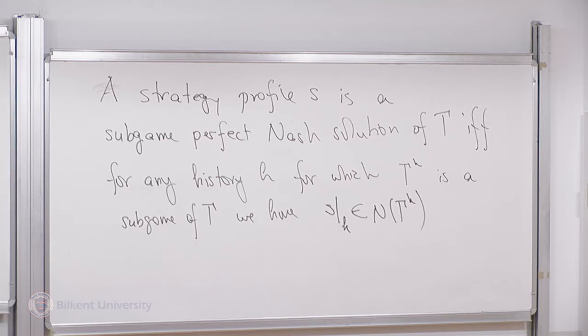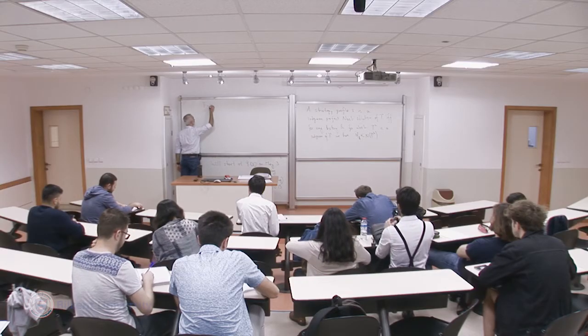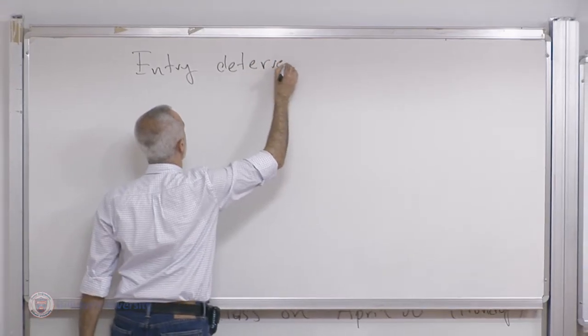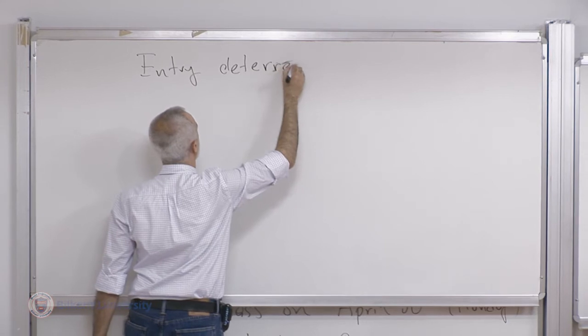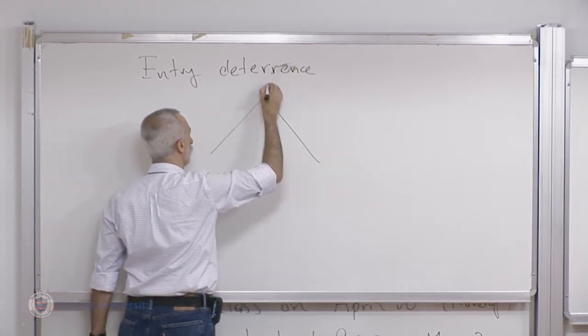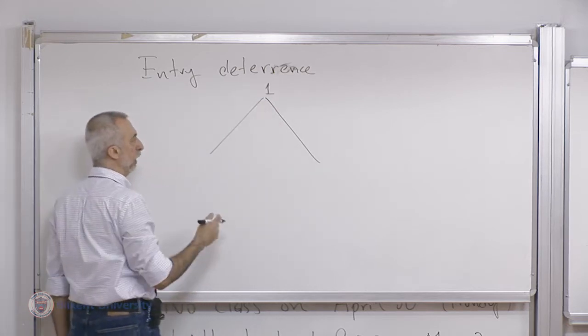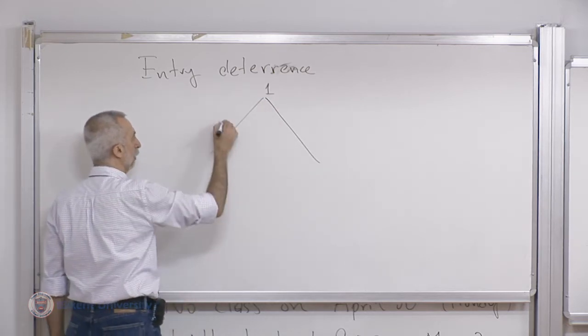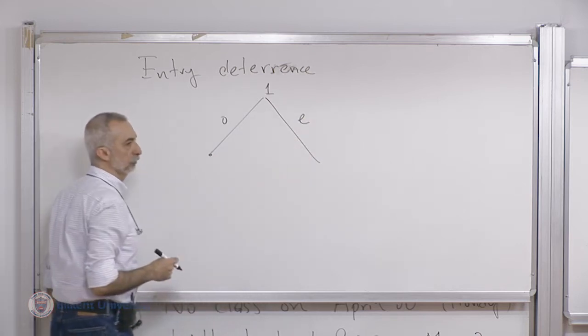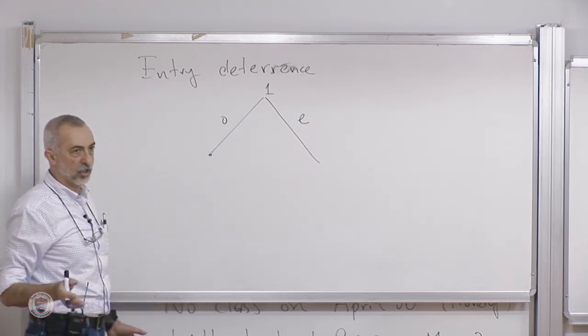Let's start with the example we had, the entry deterrence game. So there we had a firm, the entrant, that was planning to stay out or enter. So out, enter. If firm 1 decided to stay out, the game ended.